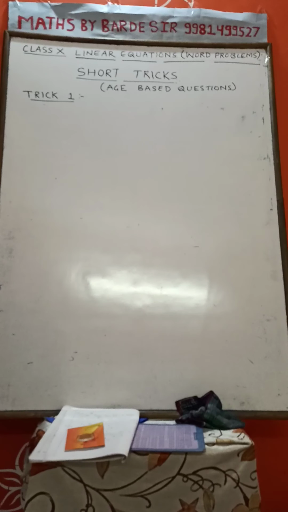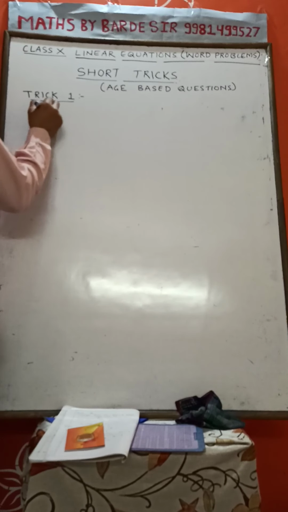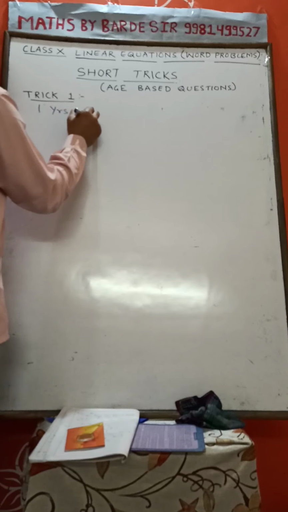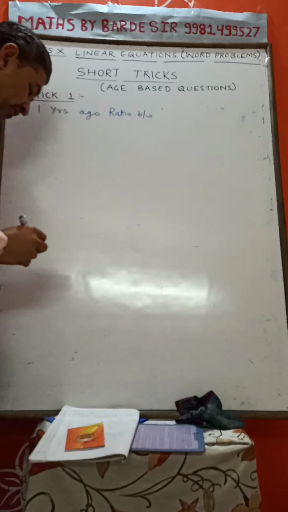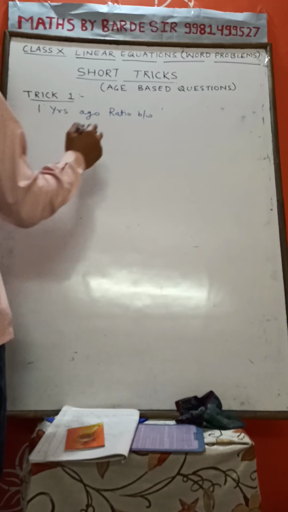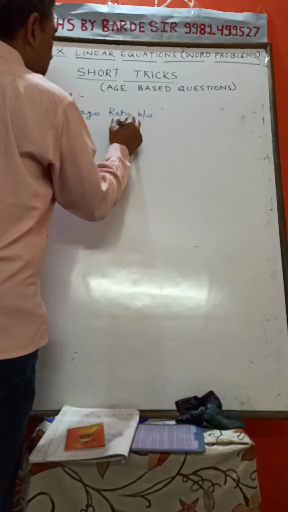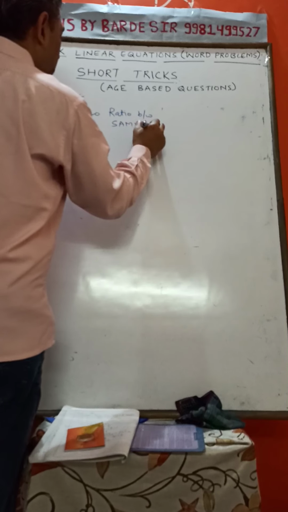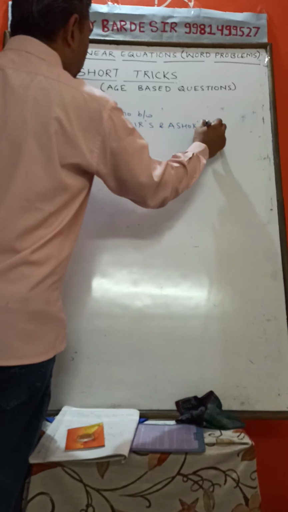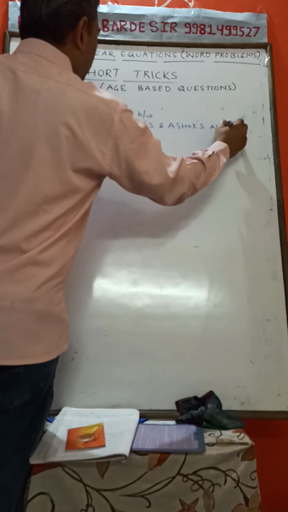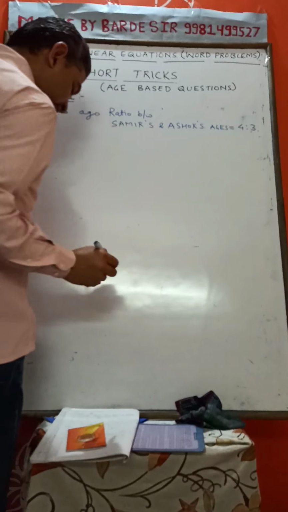Question is: 1 year ago, the ratio between Samir's and Ashok's age was 4:3.